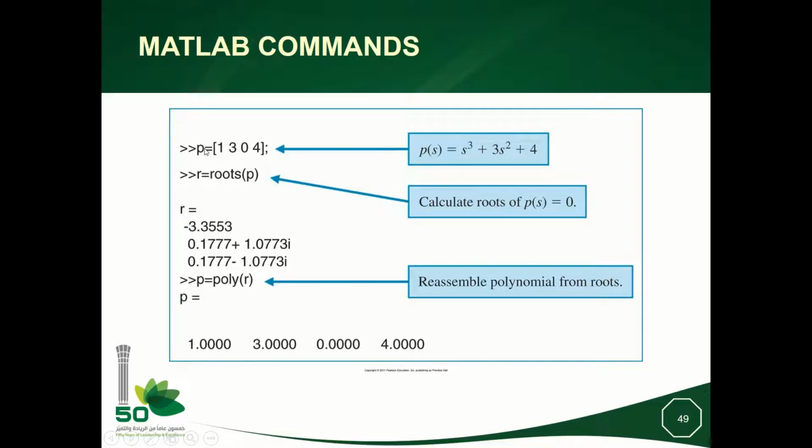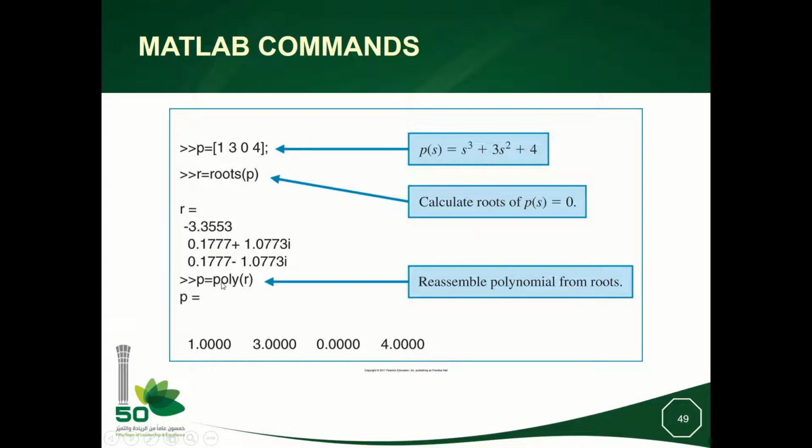In the first part, we constructed a polynomial from its coefficients, and here we are constructing a polynomial from its roots. For example, if we define r like this, and I would like to know what is the polynomial whose roots are given by this, I will apply poly as a command.